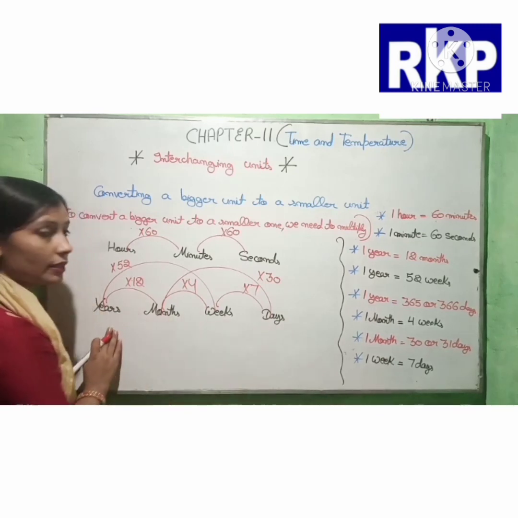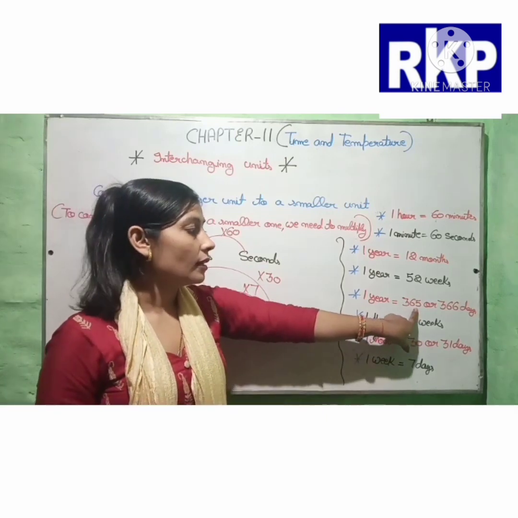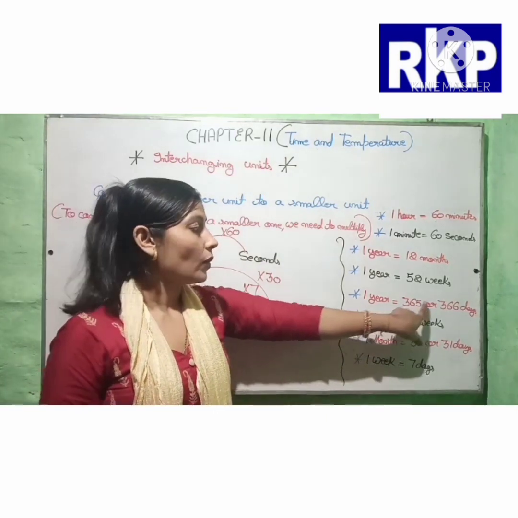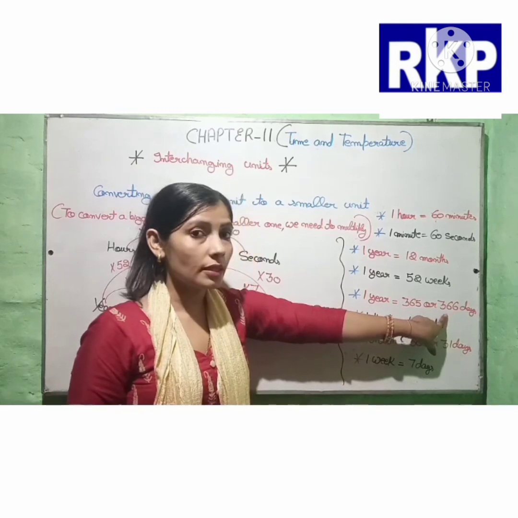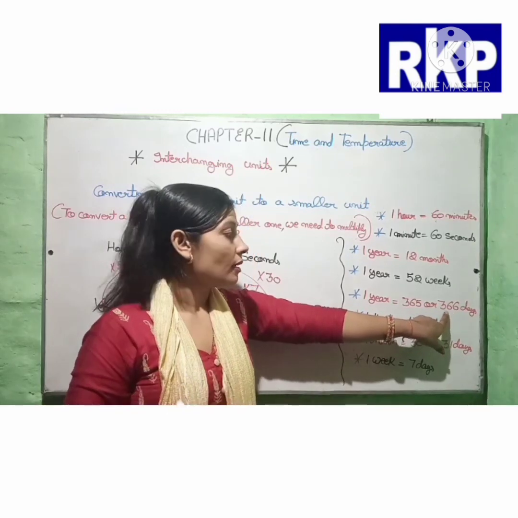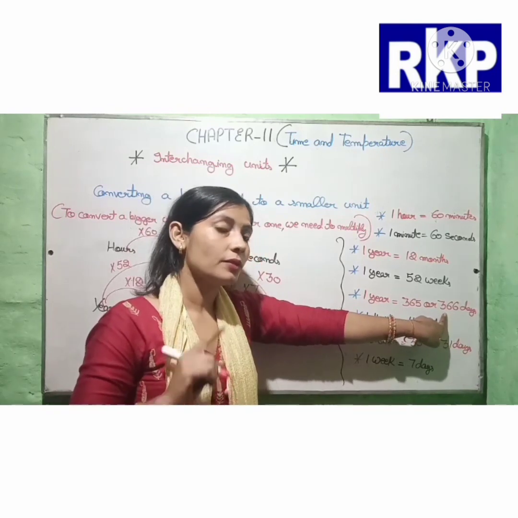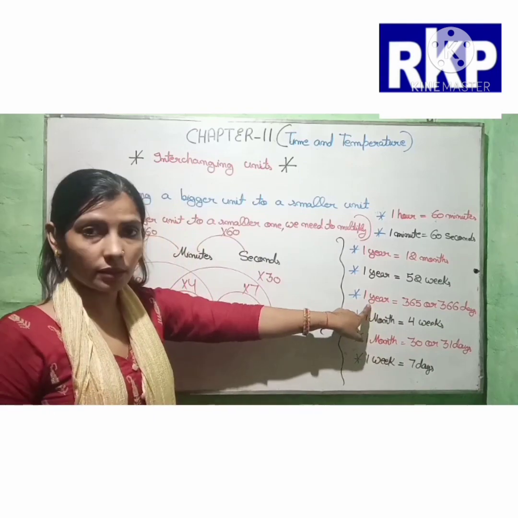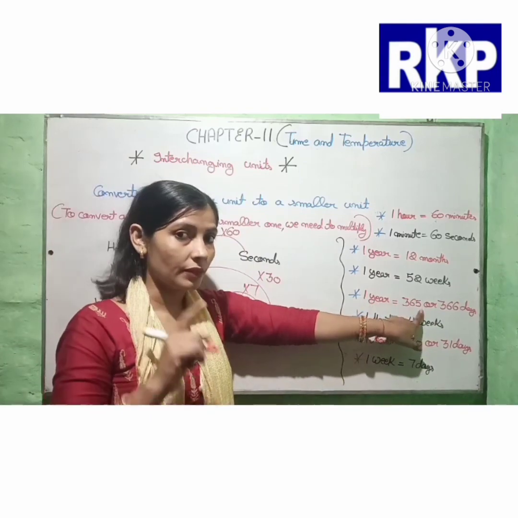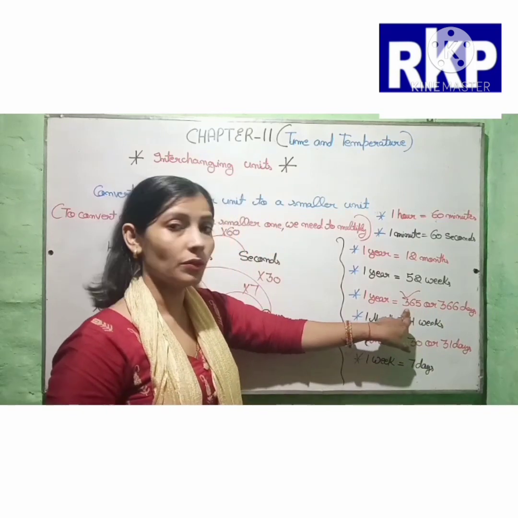Okay, and we know the relation between years and days also. Yes, 1 year is equal to how many days? Yes, 365 or 366. Okay, a leap year has 366 days. But when we convert year into days, then always we use 365.